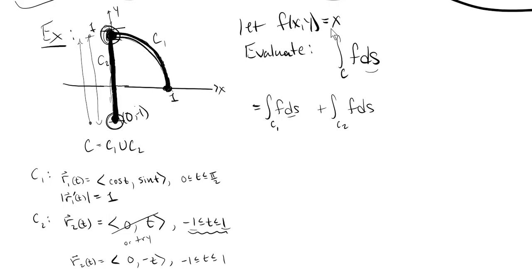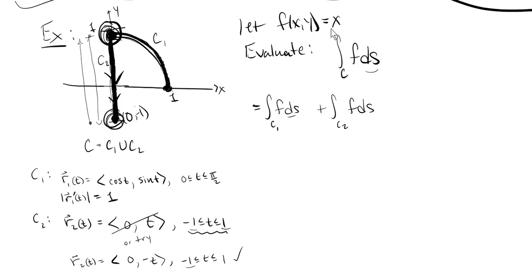Right? When I plug in t's lower bound, negative of -1 is +1 in my y value. I'm at the top now. When t goes to +1, well then negative of +1 puts me down here. So this thing traverses it nicely in this direction. We didn't have to do that. I just want to see how we do have control over such things for later cases where we do need to consider the direction we traverse curves in.